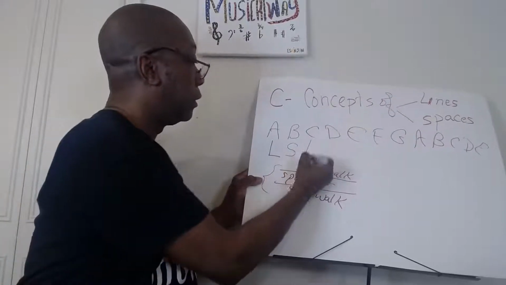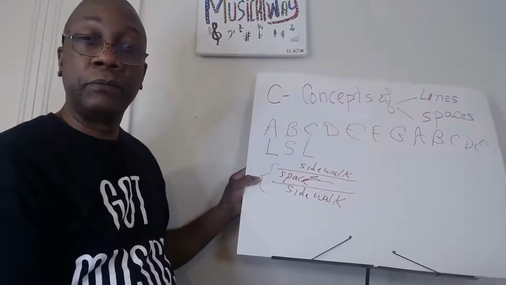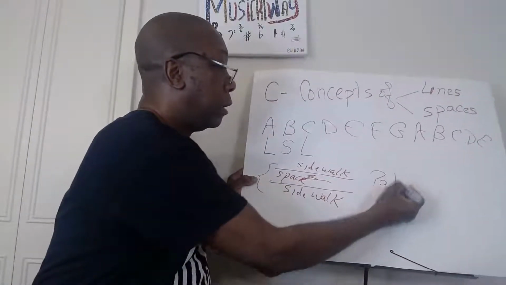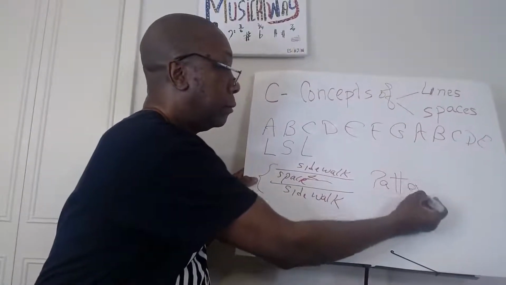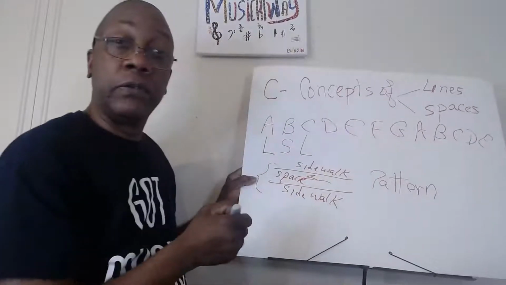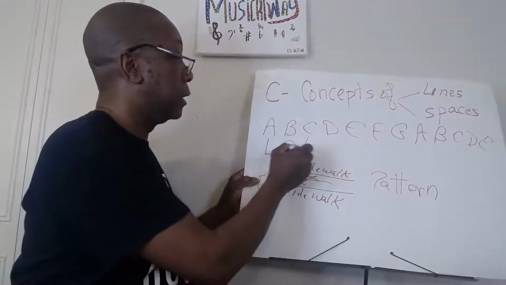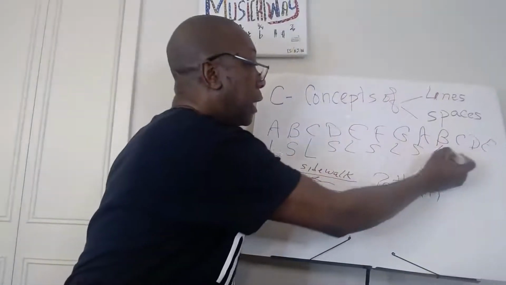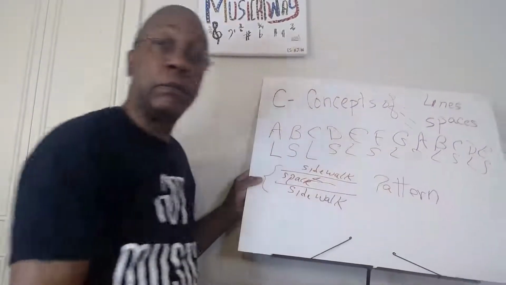So therefore, C would be the next line, and it becomes a pattern. So the pattern would be line, space, line, space, line, space, line, space, line, space, line, space.